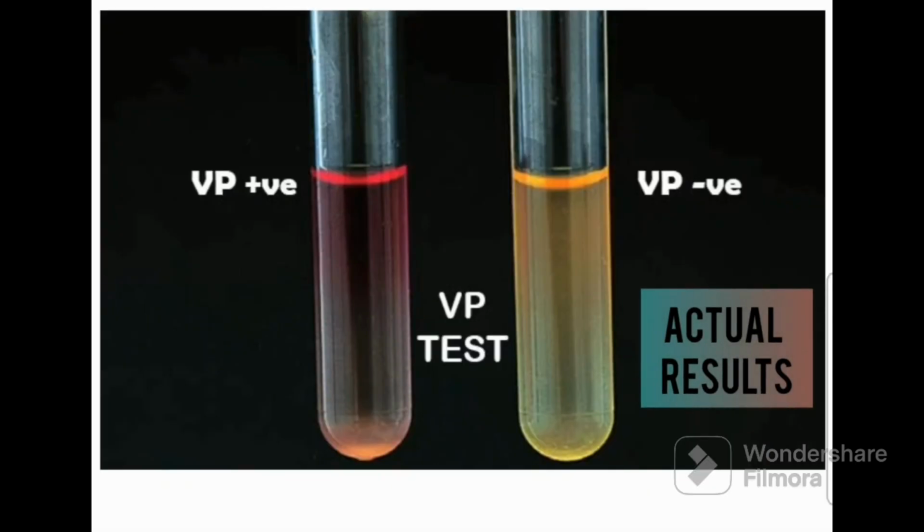If acetoin is present, it is converted into diacetyl in the presence of alpha-naphthol, a strong alkali like potassium hydroxide, and atmospheric oxygen. The diacetyl produced reacts with guanidine-containing compounds in your broth peptones and condenses to form a pinkish red polymer.